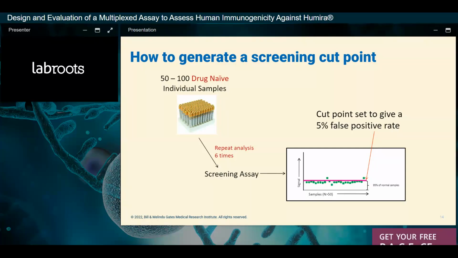And you look at the values that these samples give you in your screening assay. I have that plotted here in this cartoon. That allows you statistically to set that particular cut point so that 95% of these samples from drug naive humans will fall below that cut point and only 5% fall above it. And that's how these cut points are set.